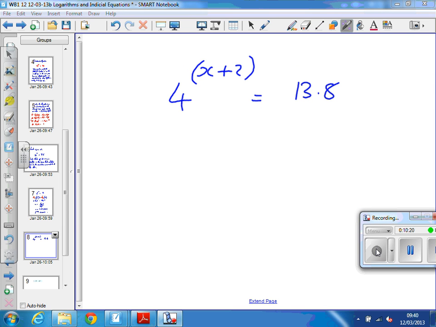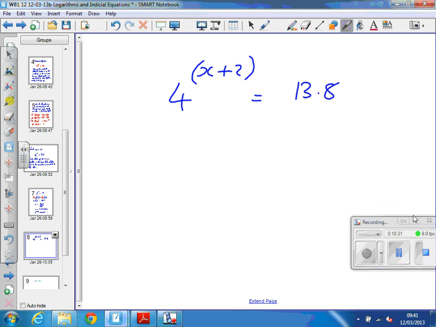So one more example, 4 to the power x plus 2 equals 13.8. So the unknown is in the power. What's the first thing we do? So we find the logarithm of both sides, which means the x plus 2 comes down and multiplies. That's always the case.